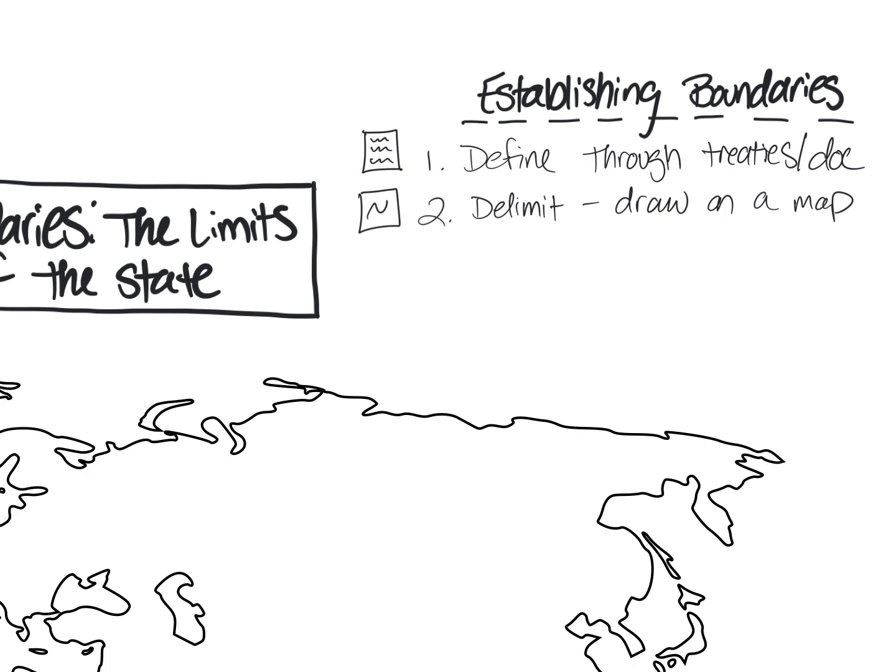Right, so once that treaty or that document has been agreed on, then they'll send out the cartographers and figure out where that new boundary is going to be, and they'll put it on a map. Okay, think like when we got the Louisiana Purchase, right? We used to be 13 colonies all on the East Coast, and then we bought the Louisiana Purchase from France, right?